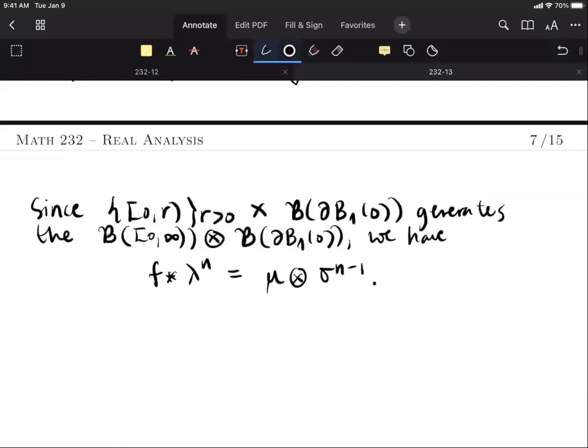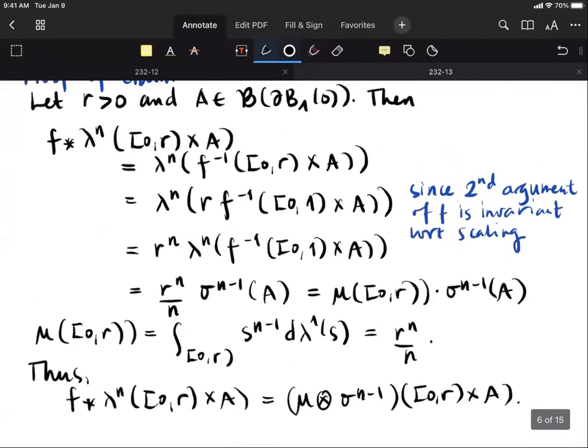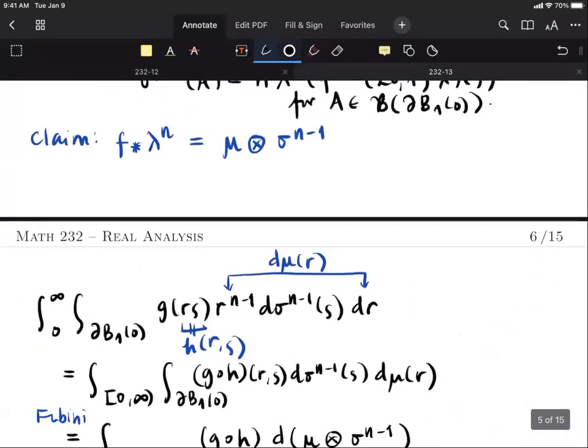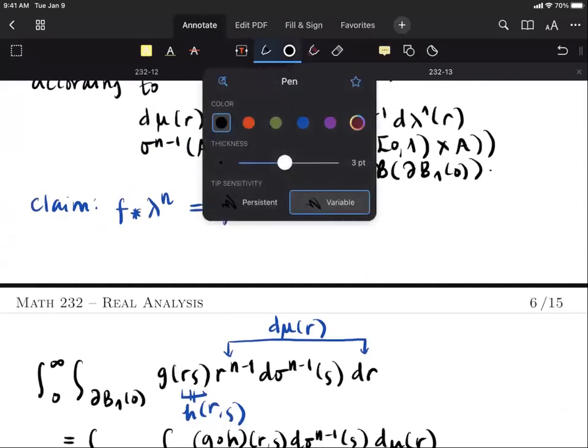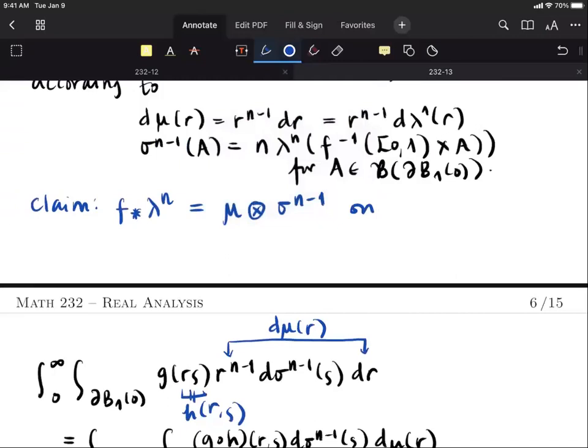And if you notice, this is the claim that we have mentioned a while ago. So if you want to be precise, here we have the product sigma algebra on this set and on this set, or on this Borel sigma algebra.